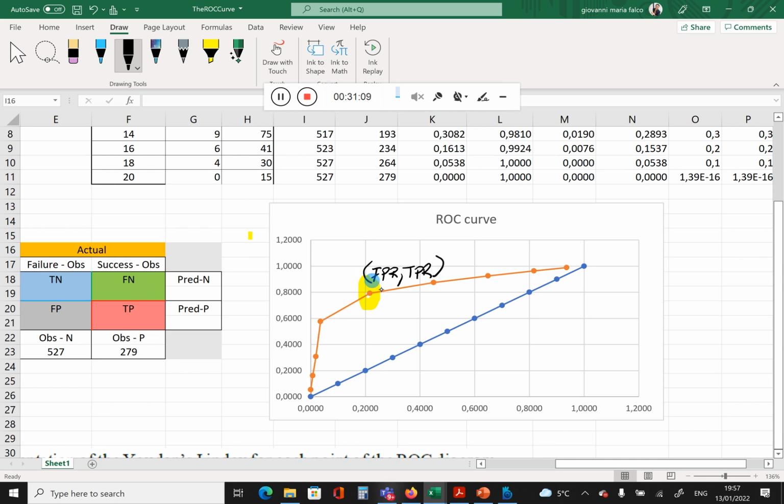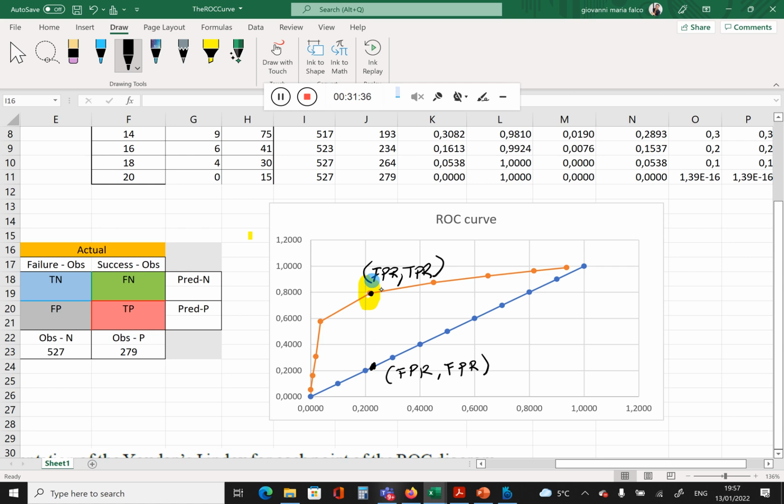Of course, these are the false positive rate and true positive rate for this value of the cutoff. The point on the diagonal, which lies precisely below, has coordinates false positive rate, and in this case the x coordinate is exactly the same, false positive rate.